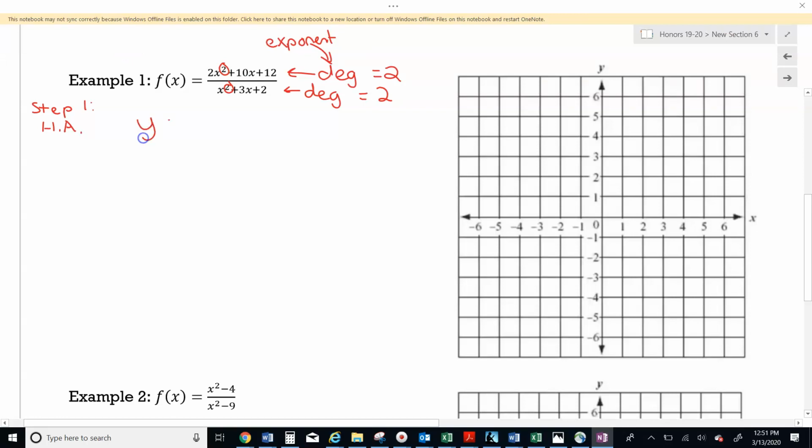So then y equals coefficient divided by coefficient. Our coefficients here are 2 and 1. And 2 over 1 is 2. Remembering that we then want y equals 2. We always want y equals as our answer. So I'll graph that.